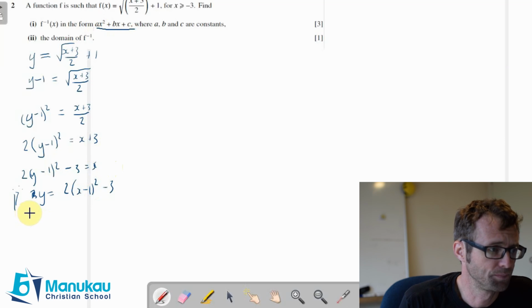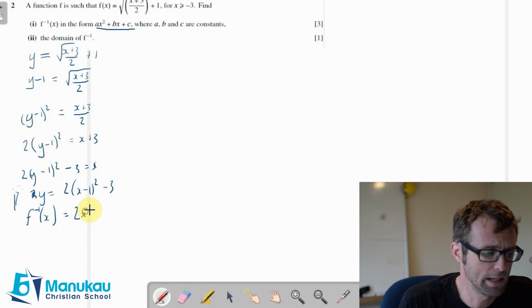I better write it in the proper form. The inverse of f of x is equal to, now I'm going to expand this, so it'll be 2 times (x squared minus 2x plus 2).